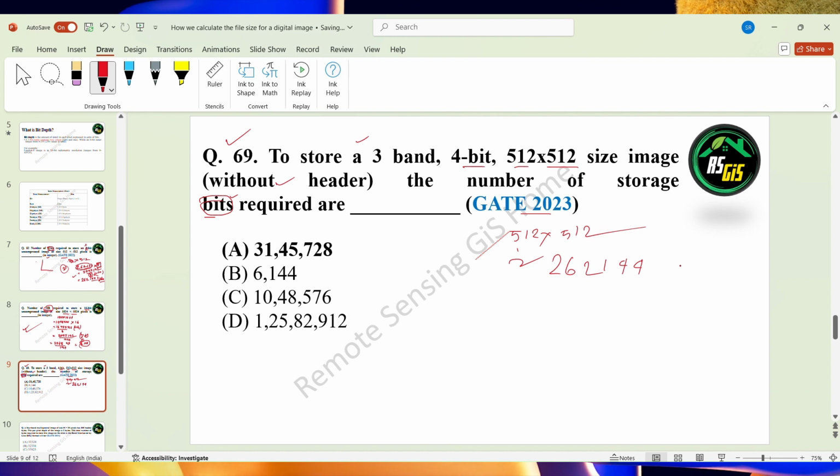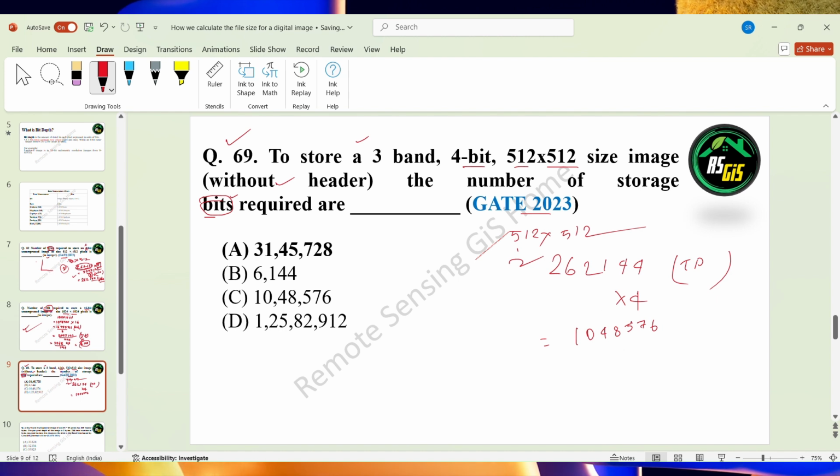So this is the total number of pixels, and the number of bits is given as 4, so we multiply it by 4. We get the value 1048576. So this is the total number of bits.